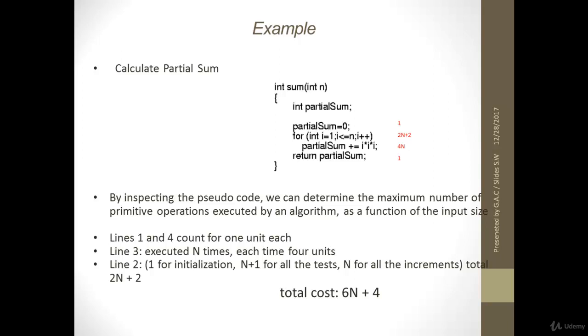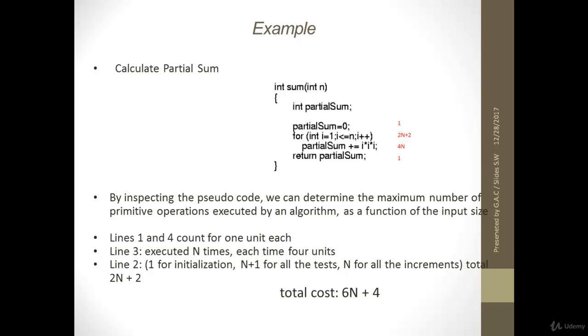If we consider those 4 lines, line 1 and line 4 count for 1 unit each. The assigning and the return are 1 unit each. Then line 3 is inside the for loop, which executes n times, each time 4 units.